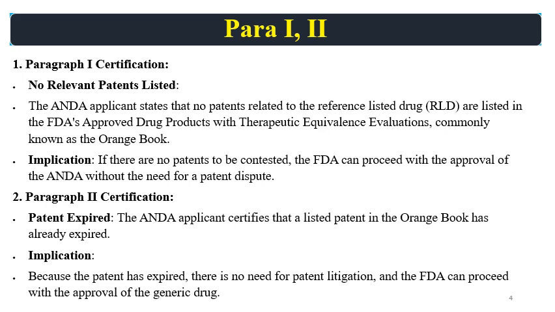So whenever the ANDA applicant is filing through para 1 or 2, the FDA can proceed with the approval of the ANDA after its review is completed, and there is no patent dispute, no patent litigation.